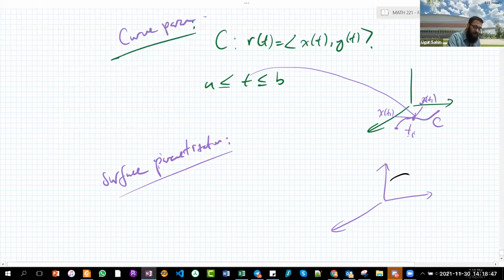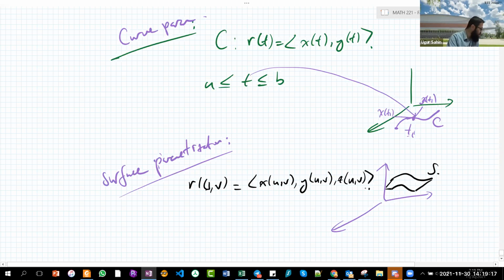Using one variable will not be enough to define a surface. I need two parameters, u and v. One of them represents one of the axes, the other represents the other axis. Then I'm going to define all the axes with respect to u and v. This is going to be the parameterization I'm using for surfaces.